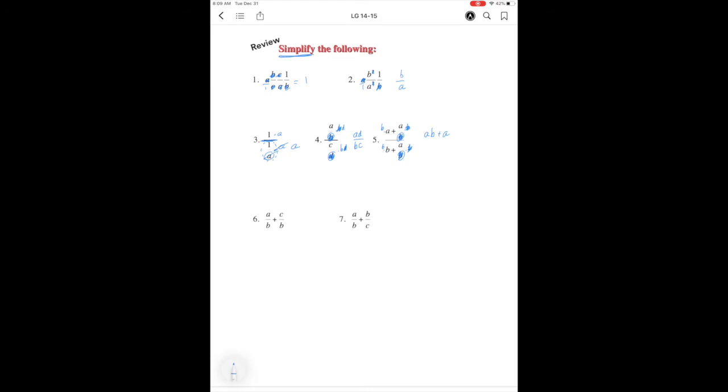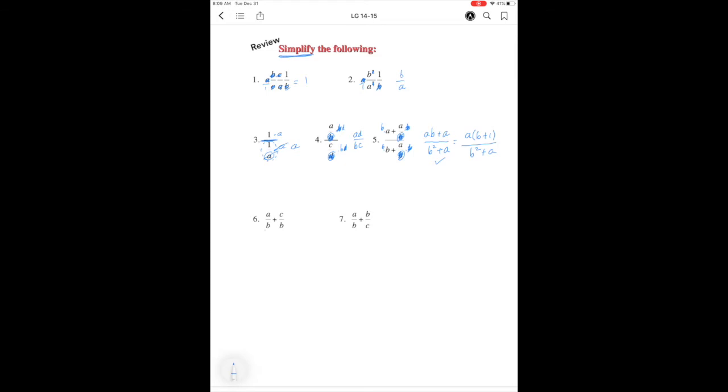And now I'm left with AB plus A all over B squared plus A. Now you could factor, because on the top here I see an A common, so you can take the A out. And we're hoping when we factor out to cancel out. But in this bottom situation, there's nothing common. So I could leave it like that.